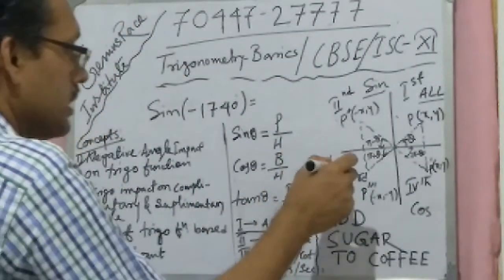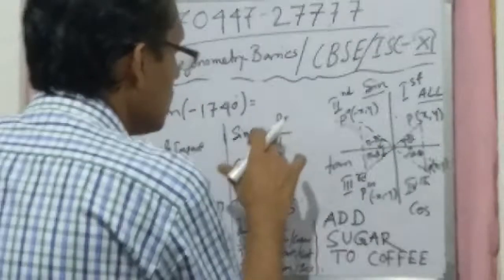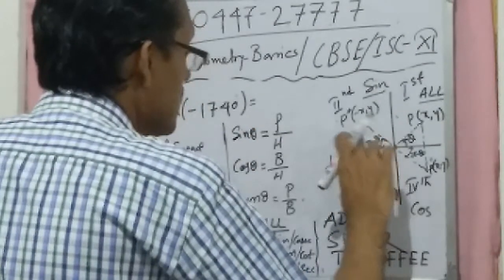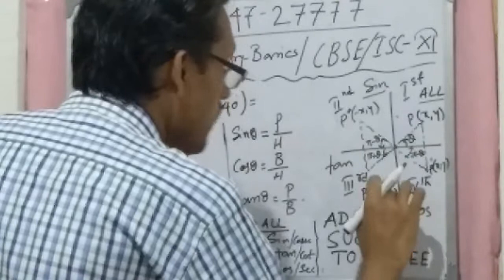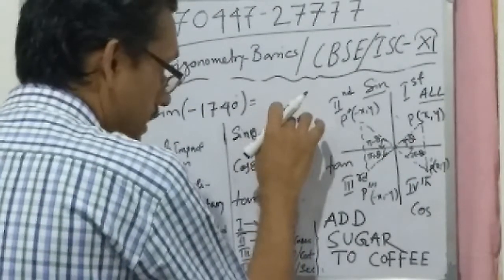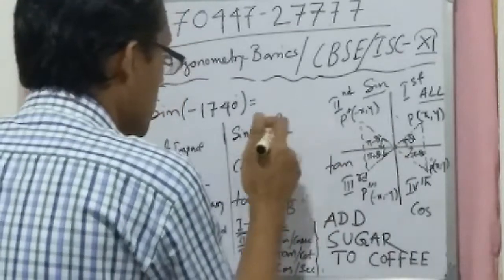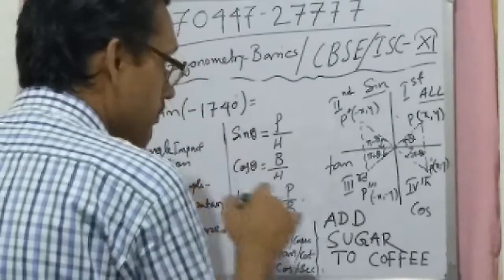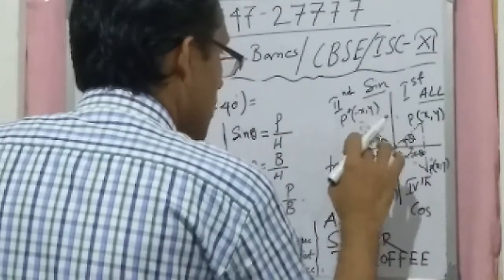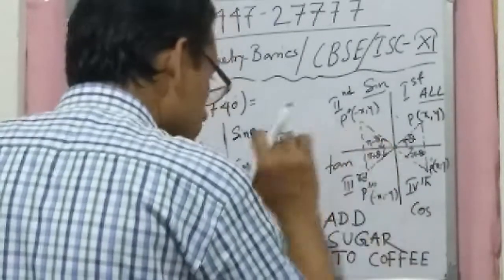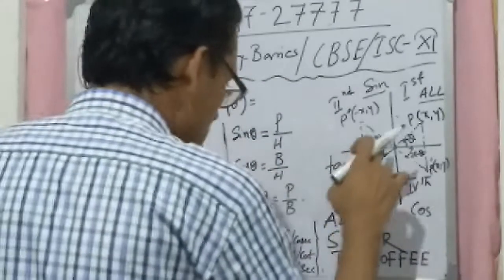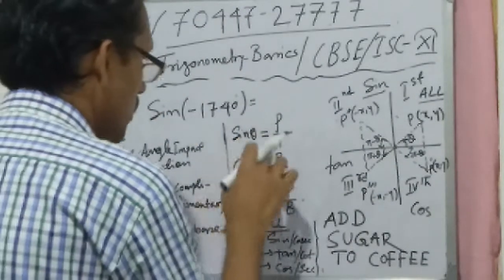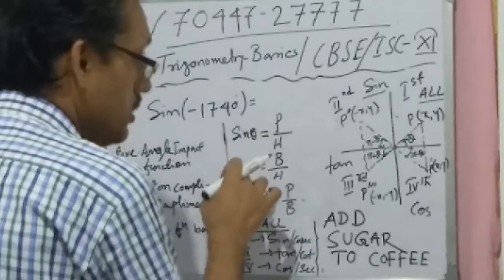Now in the third quadrant, perpendicular is negative because it's on the negative y-axis, hypotenuse is positive, so sine is negative. In case of cos, the base is also negative, hypotenuse positive, so cos is also negative.